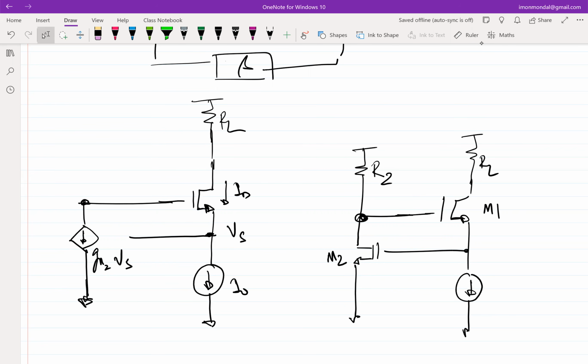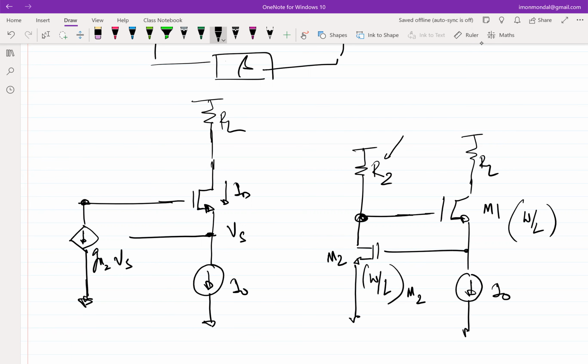Now again, we'll have to argue whether there is a range, a maximum, a minimum, or rather, how do I size M2? Let's say for a given M1 of W by L, how do I size M2? How do I set up this value of R2?